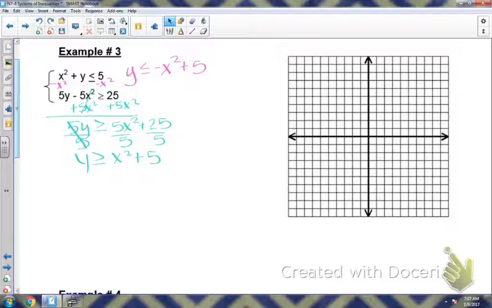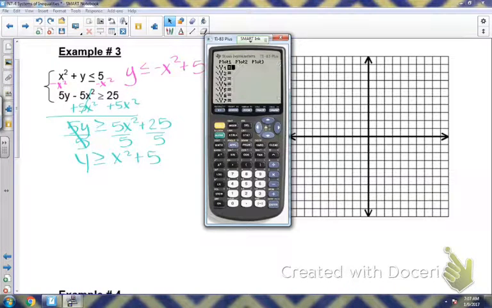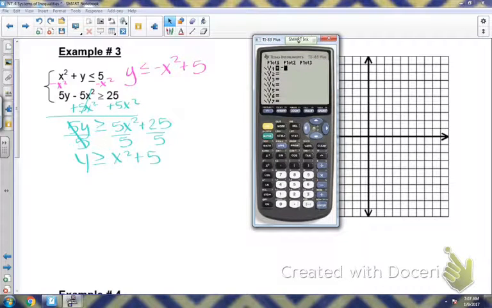Okay, so we're going to type those in. Let me show you what it looks like whenever you type in both of them. You want to do it all at the same time.